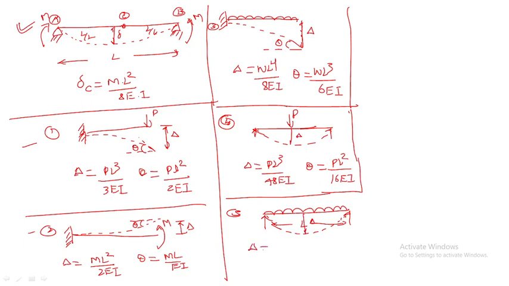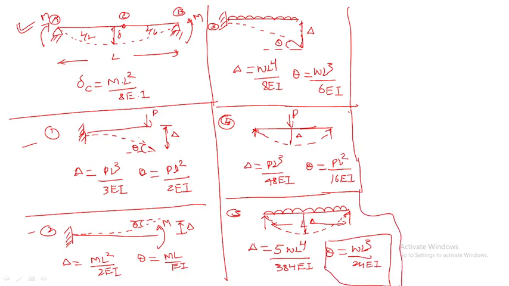Now delta is equal to 5 W L raised to 4 divided by 384 EI, and theta is equal to W L cube by 24 EI. This is the slope you have to remember, right? All these formulas are very important.